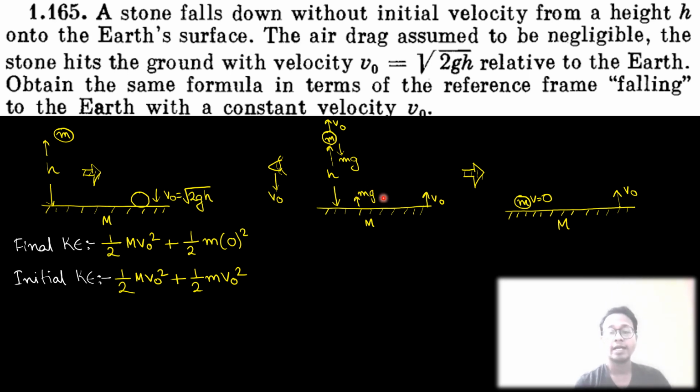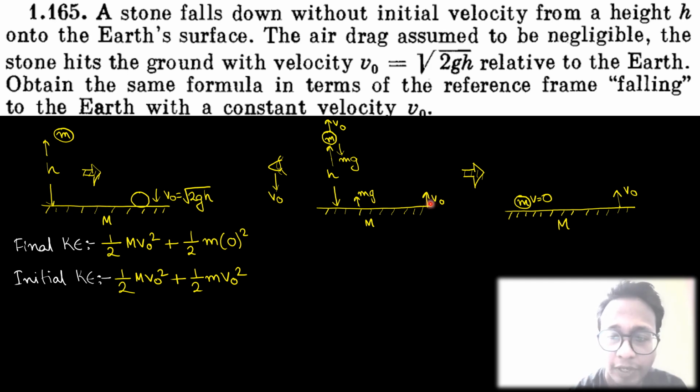Now, because the earth is so massive, this force mg, which is the mass of this body into g, is a very minute amount of force. Because the mass of the earth is very large, this minuscule force wouldn't be able to accelerate the earth by any significant amount.